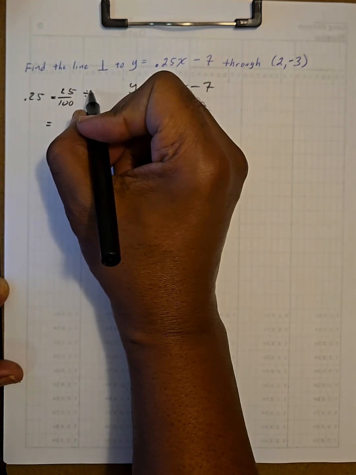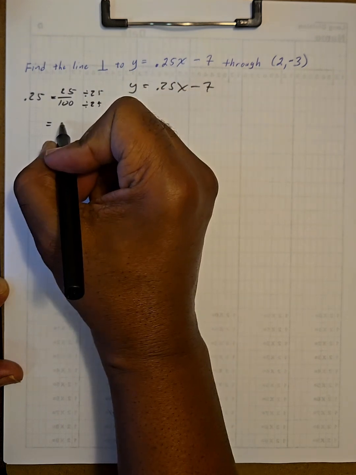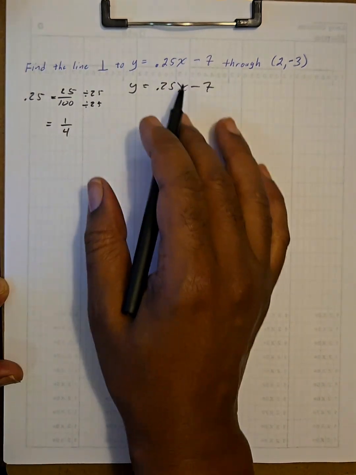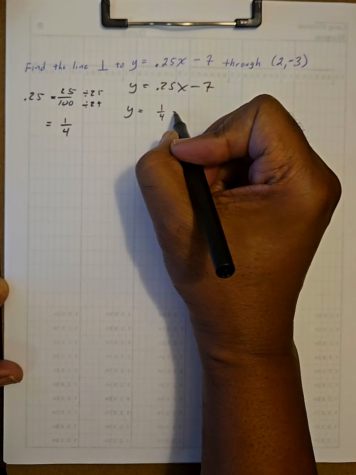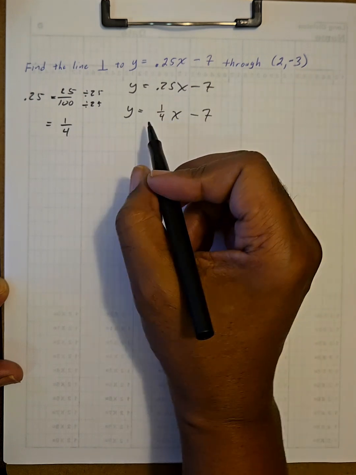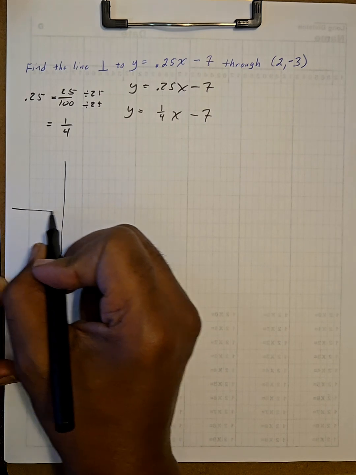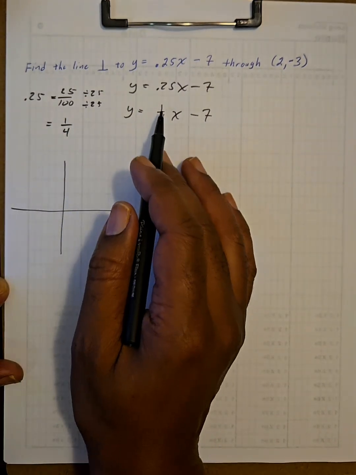And 25 over 100, if I divide that by 25 and 25, becomes 1 over 4. So this can be replaced with 1 over 4. And fractions are easier to graph. Sometimes decimals are the easier thing to use in some math problems, but when it comes to graphing, fractions are best.